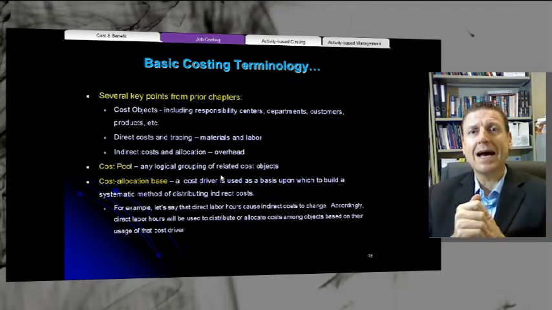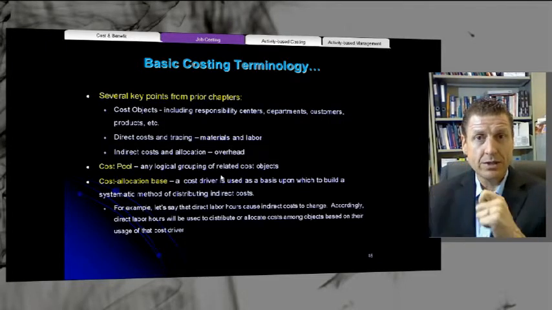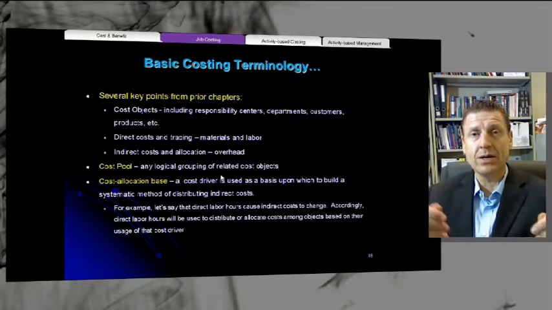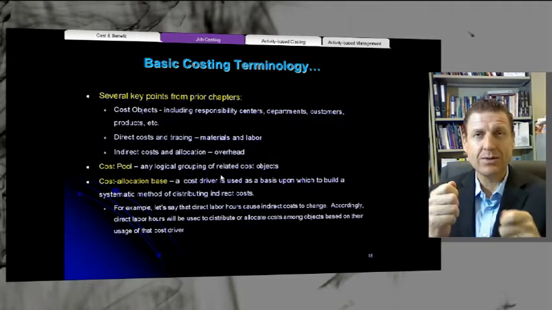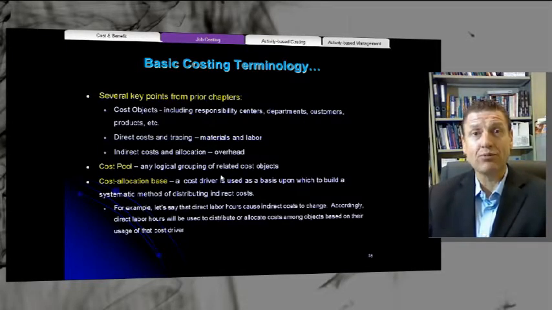Indirect costs are about overhead. They are about the factory supervisor who is looking over the factory. They are about the administrator. They are the utilities, the electricity bill, the water bill that the factory incurs in order to make something. These indirect costs are not naturally directly allocated to a product or a customer or a supplier.